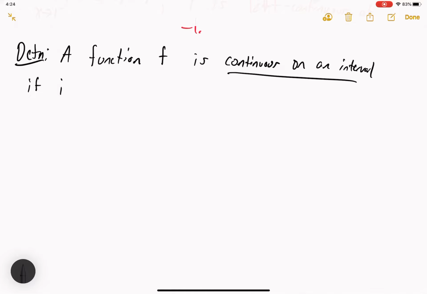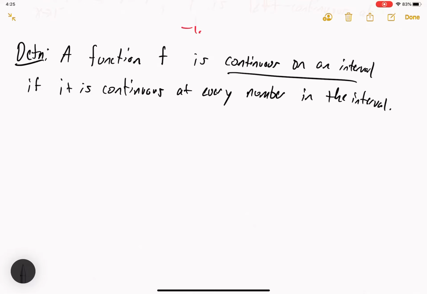You say it is continuous on an interval, as you can probably expect, if it is continuous at all points in the interval, or in this case, every number in the interval.